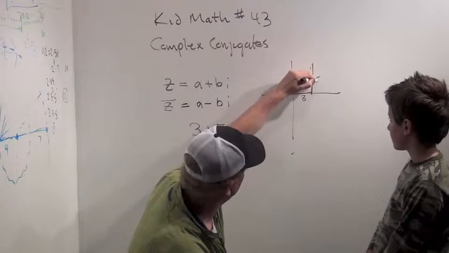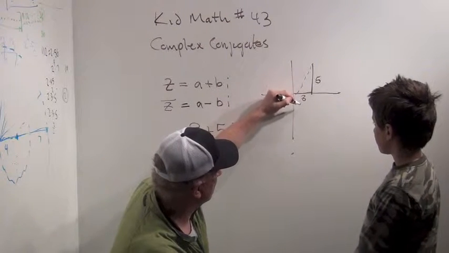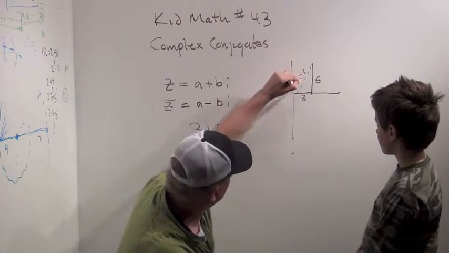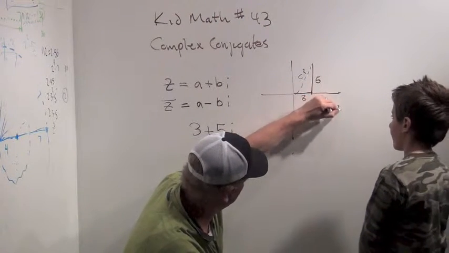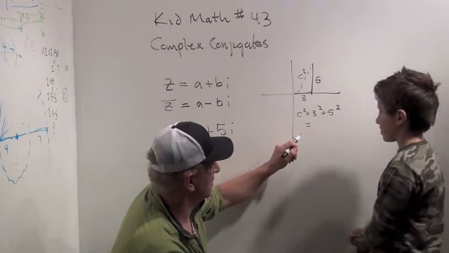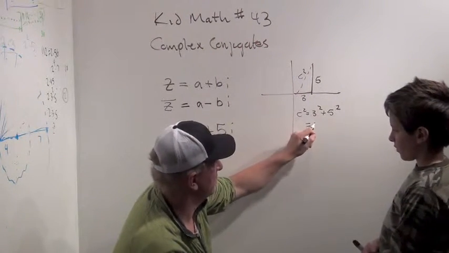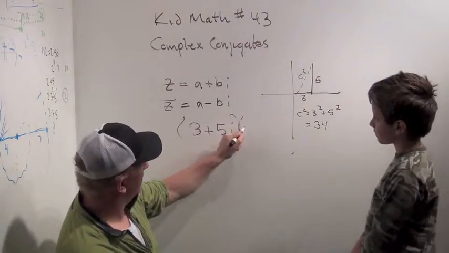And then if this is a Pythagorean triangle, we would get c squared equals 3 squared plus 5 squared. 9 plus 25, which is 34.